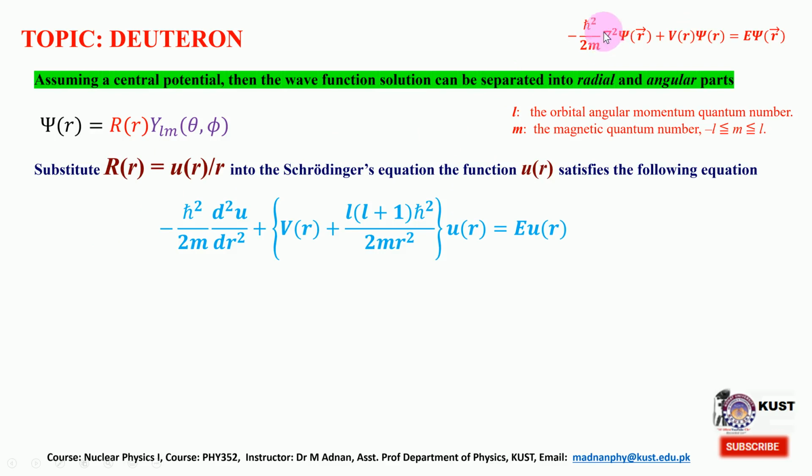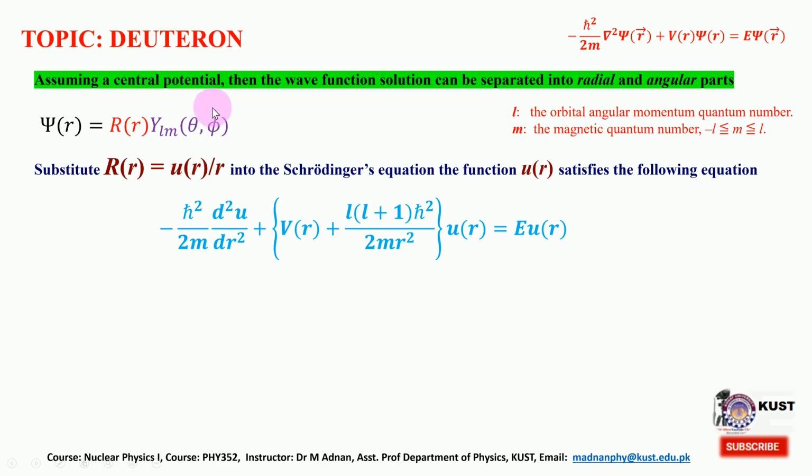In another word, we need to transform this psi into u, so these are just 3-4 steps. You need to write this L into L plus 1 h cut square divided by 2m square. Now you need to just use this expression and transform this psi into u. That is the representation of the radial part.